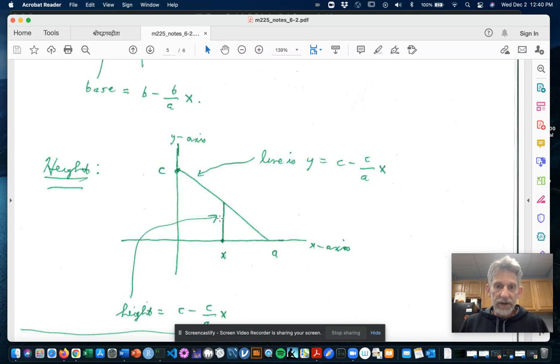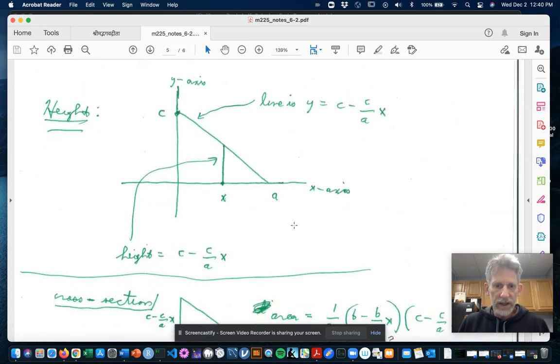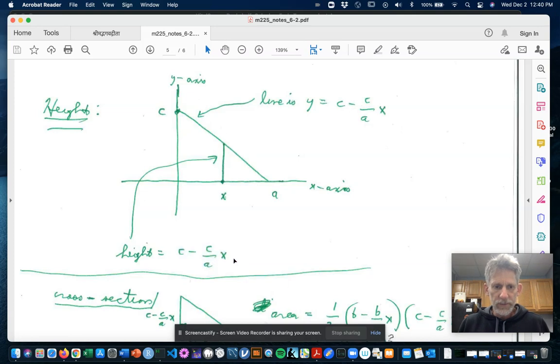And so we just need to find that height, and that height will be a line containing the points 0, c, and the points a, 0. And you can find that equation however you like, and it turns out to be y is c minus c over a times x. So the height, that's actually what's along the z-axis, that height is c minus c over a times x.